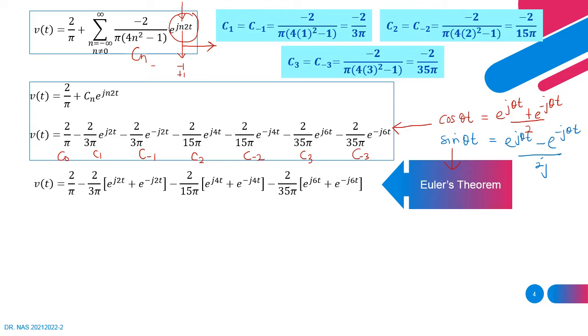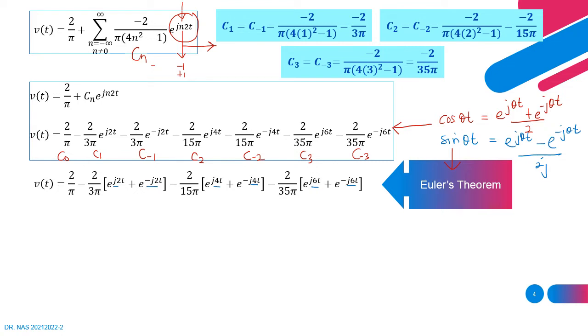Now when you have the exponential form, you can group the terms that have the same coefficients and the same frequency values, but the frequency varies for positive and negative frequency. So group them based on the frequency values and also the coefficient values. Then you can compare with Euler's theorem.